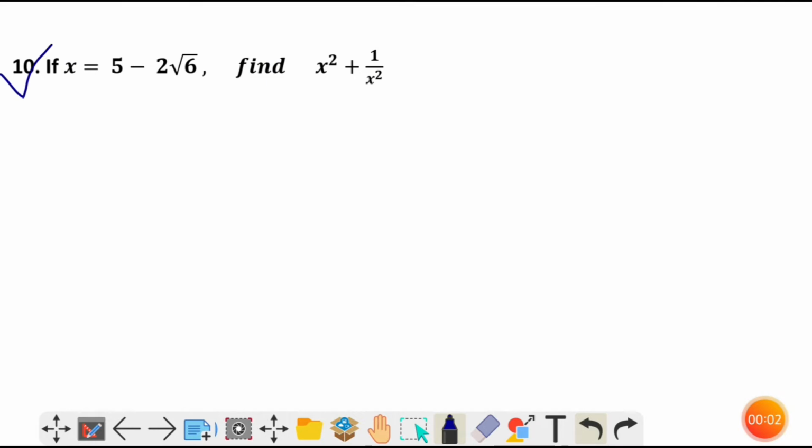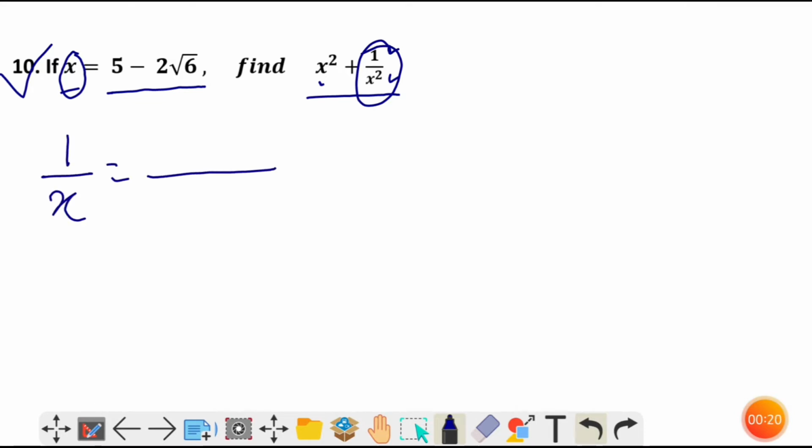Next question, we have question number 10. If x equals 5 minus 2√6, find x square plus 1 by x square. So from this x, first we'll find the value of 1 by x and then we'll find x square. So 1 by x we have 1 by (5 minus 2√6).